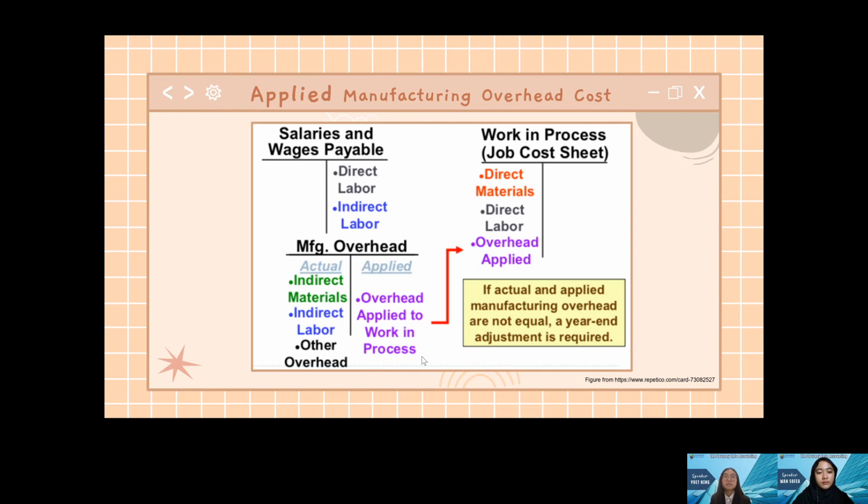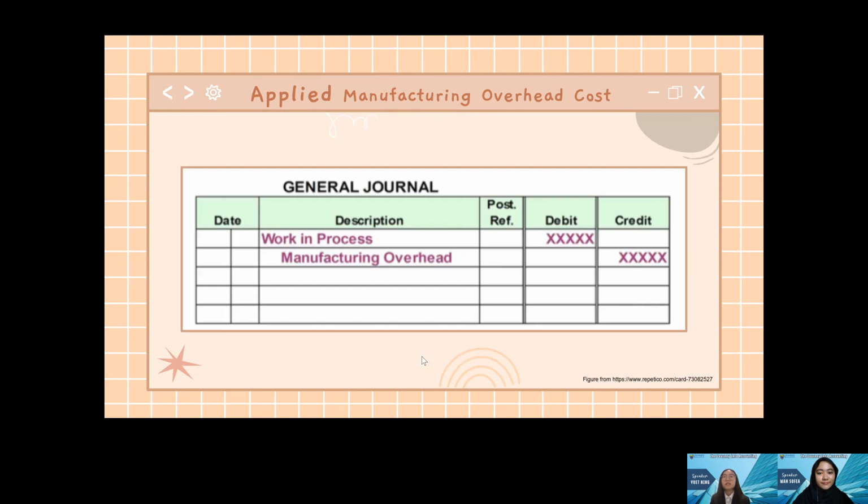So be careful in this step, we are not moving the actual overhead, but we are moving the applied overhead to the work in process T account. Next slide, please. So this is the journal entry to record the applied manufacturing overhead cost. First, we will debit the work in process and credit manufacturing overhead.